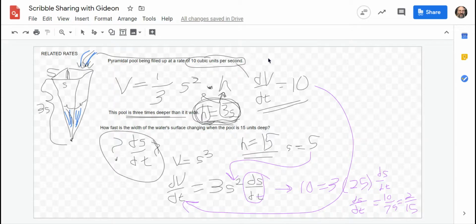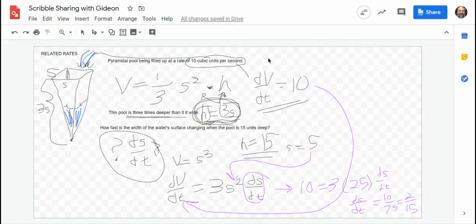Recognize you've been given a rate, or there's two things changing in your diagram. Volume and height and width are all changing with time. So things are complex, but wait a second, they're giving me an algebraic relationship between two variables, so I can substitute one away. Then you can take your very nice derivative because you've only got one variable.